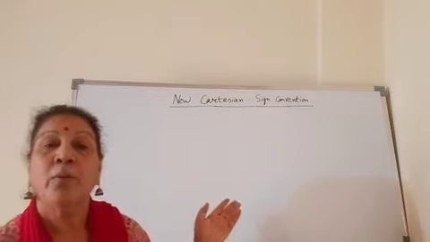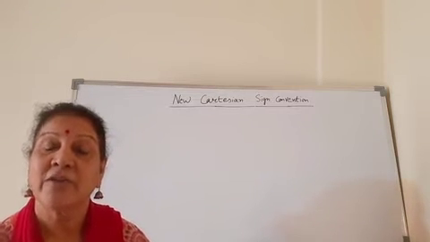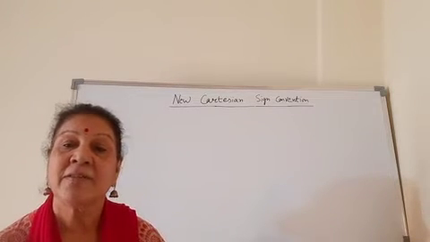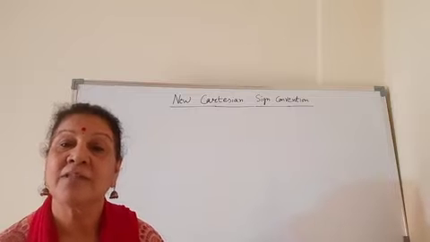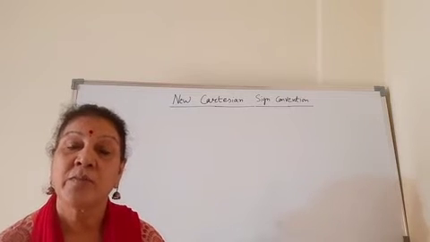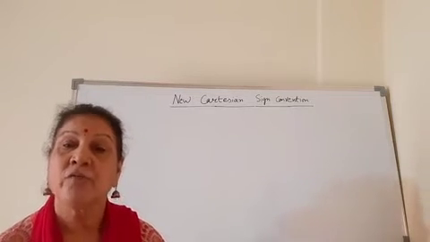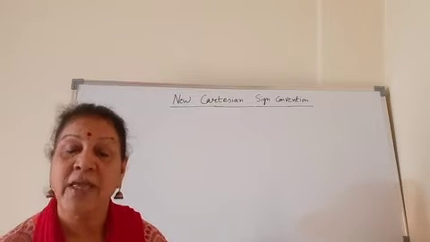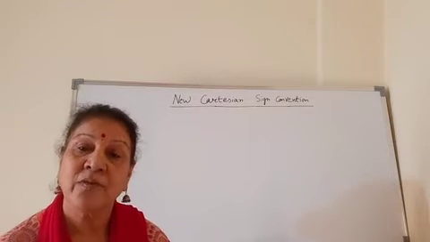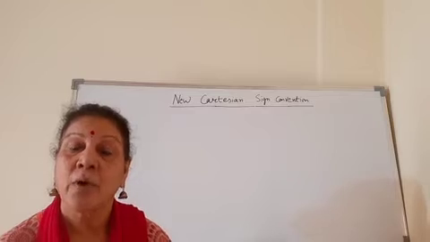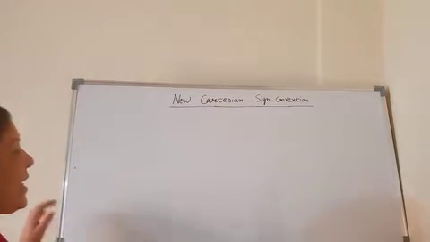Now I'll explain to you about the new Cartesian sign convention, students. This gives us the signs which are to be taken for the measurements of the position of object, position of image and the focal length, and we are going to use this for numerical problems. What does it say?